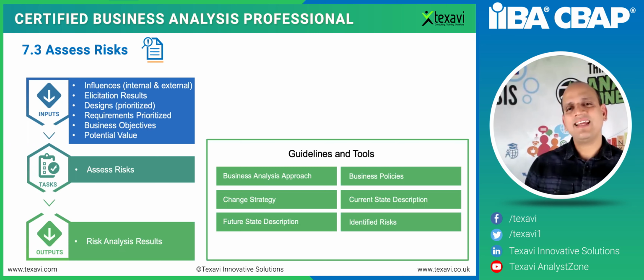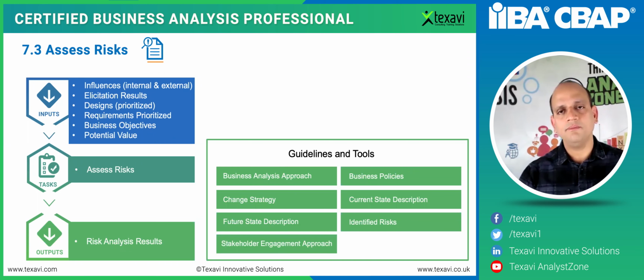We should try and understand what the potential risks are, identify those, categorize them, and then come up with mitigation strategies for those risks, and then address them, log them into the risk register, and then follow it up with the right strategy so that we address those risks and take the preventive and corrective actions.